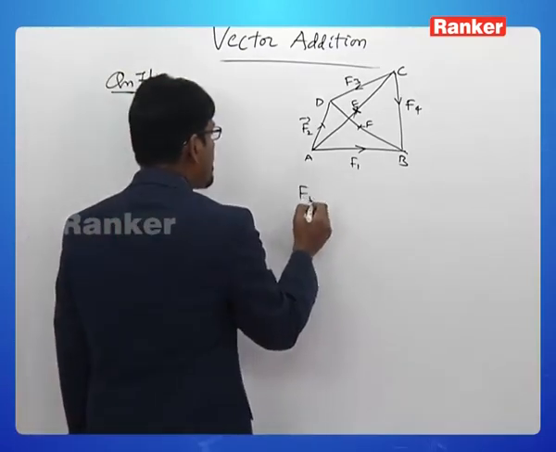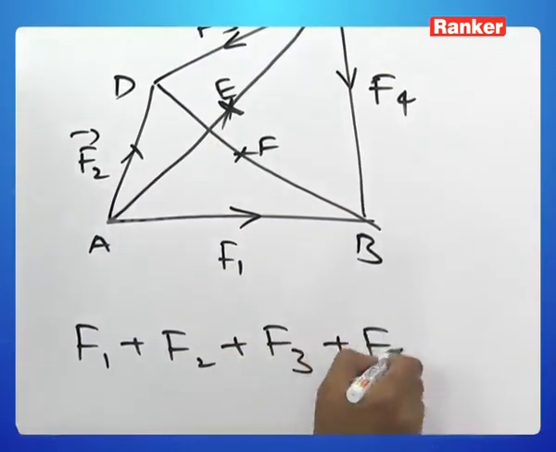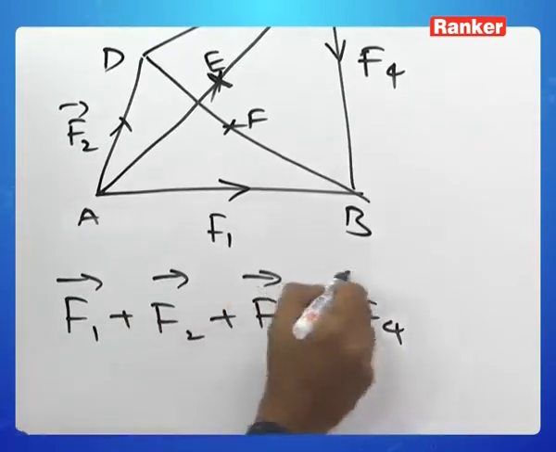Now what we wanted is the resultant, that is F1 plus F2 plus F3 plus F4.